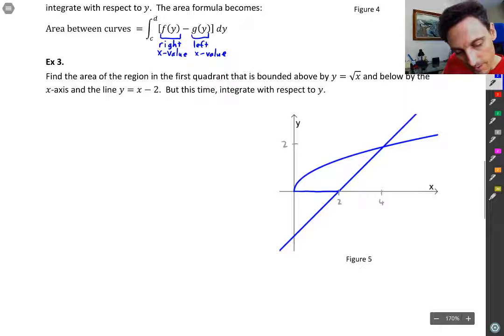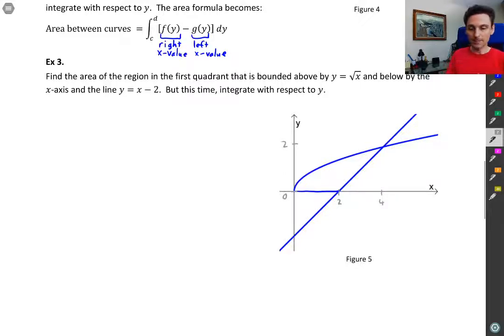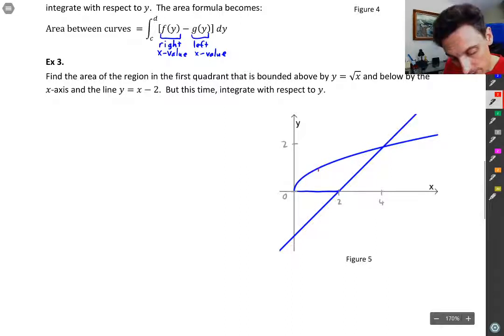Let's draw along the x-axis that boundary, and I'm going to write y equals 0 right here. Okay, so there's our region. This is looking at figure 5, but it's the same region as in figure 4, as in example 2. But now what we're going to do is use horizontal rectangles.